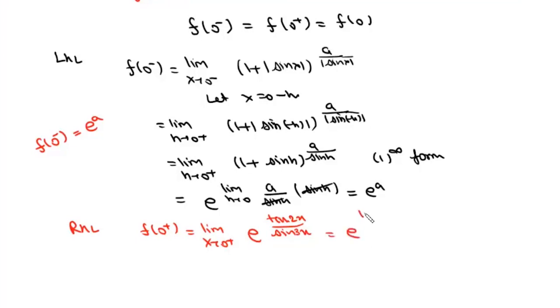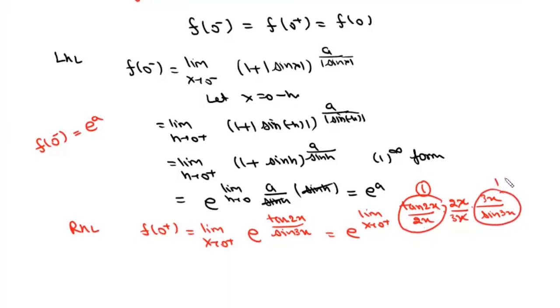So it will be e to the power this limit x tends to 0 positive, and we can write this as 10x upon 2x into 2x, and here we'll write this as sin 3x and we'll multiply and divide it with 3x. Now this x and x will cancel. Now when x tends to 0, 10x upon x, it is 1, and x tends to 0, sin x upon x is also 1. So value of this right hand limit, it is e to the power 2 by 3.